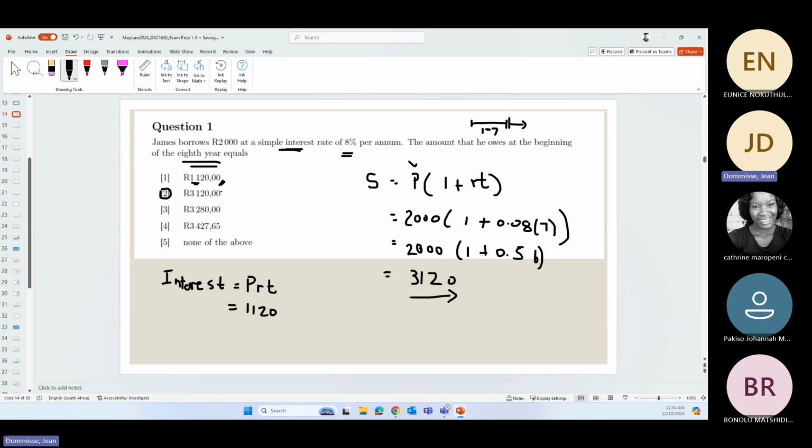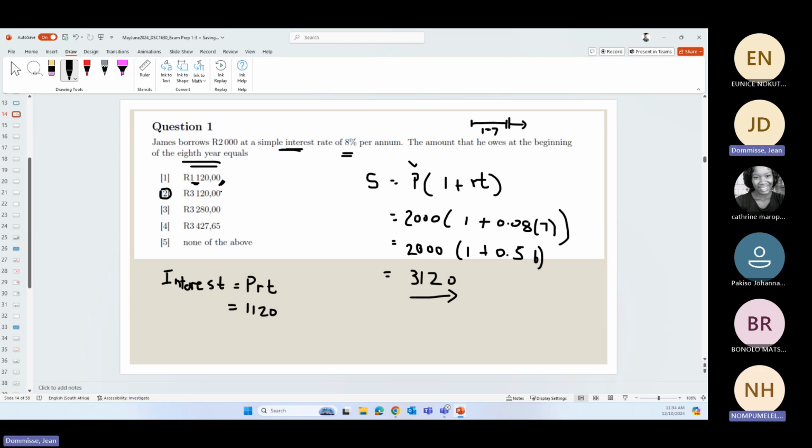So just again, be very careful. Here they ask us the amount that he owes after 7 years. If you've worked out the total interest that he paid, you would have gotten option 1.